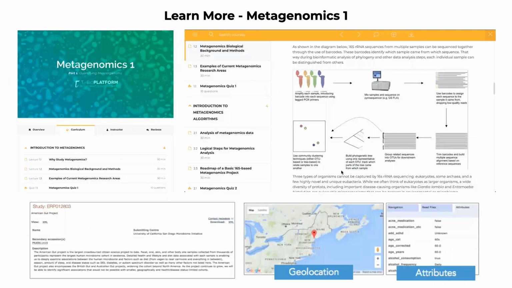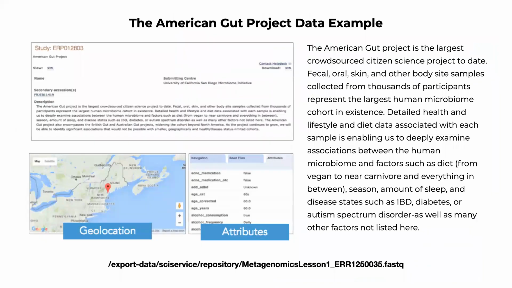Now, in detail, this information is going to be reviewed in Metagenomics 1. So you'll actually learn about the project, learn about the different methods of sequencing, and then try that analysis using different types of attributes like geolocation and age and other types of things that you'll be able to find about that project sample that we did.